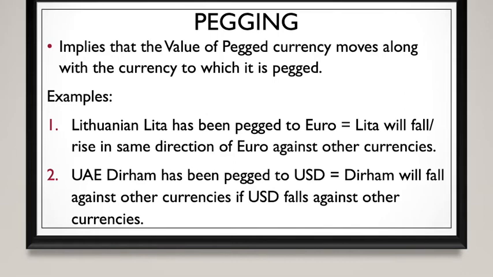The Lithuanian Litha used to be pegged to the euro because it was their desire at that time, about 10 years ago. They wanted to join the euro, and in order to join, the European Central Bank had set some criteria. According to those criteria, the Litha will fall or rise in the same direction as the euro against other currencies.